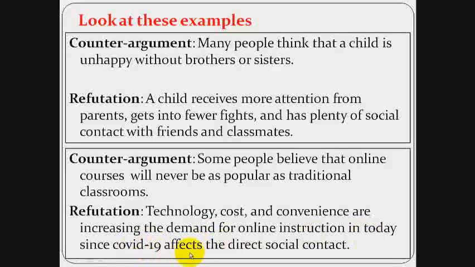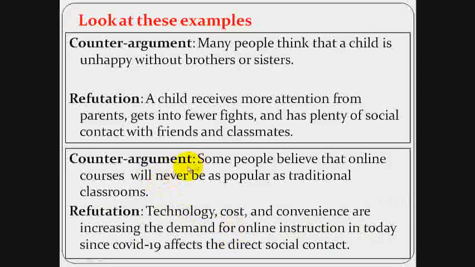Since COVID-19 affected direct social contact, the students, the learners, and the teachers are preferring the technology, the cost, and the convenience. Now, it is not possible to have direct social contact in learning places like schools and universities. So, technology, cost, and convenience are increasing the demand for online instruction today.